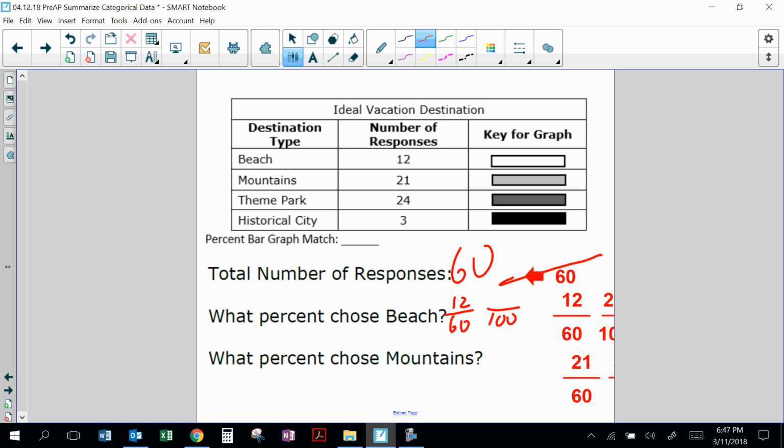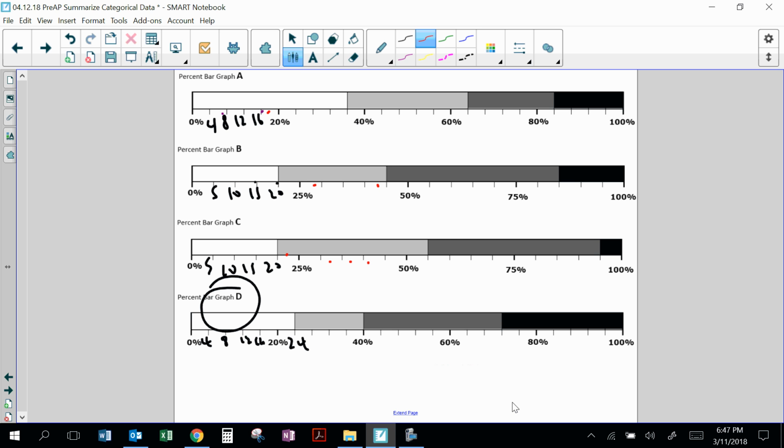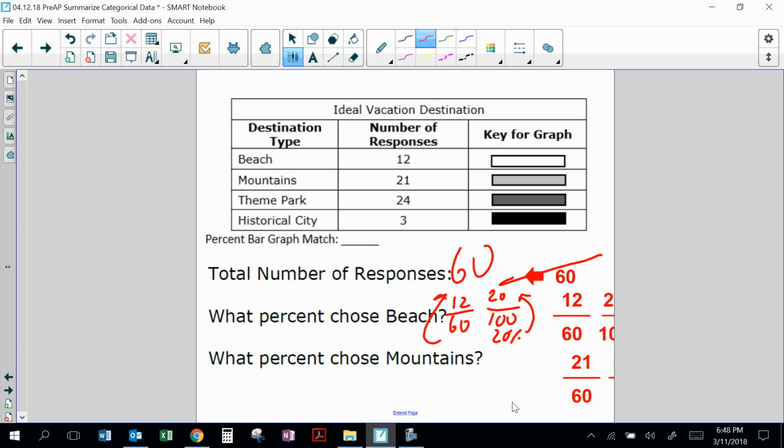Can 60 go in 100? Yeah, but not easily. Let's do an up and down relationship. Can 60 go to 12? Yes, divide by 5. So 20%. But earlier we saw there was a tie for 20%, with B and C. Well, I know the answer is C, but I want to confirm it really is C.